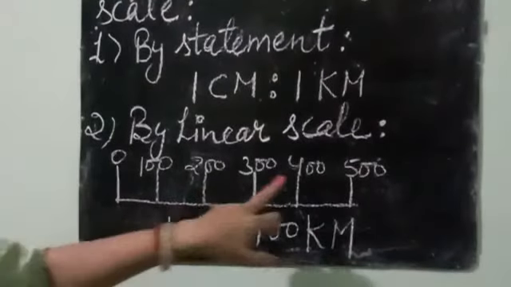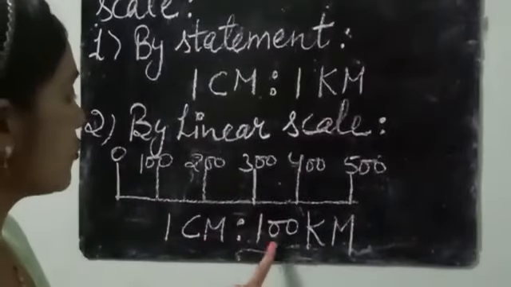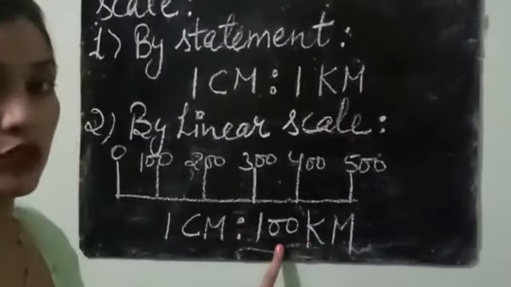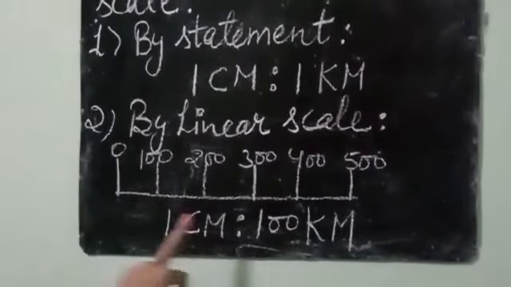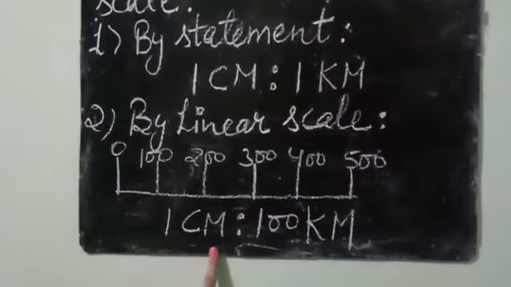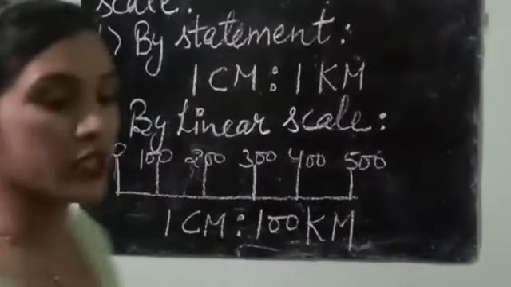The length of each part shows the same distance. Here 100 kilometer is the actual distance on the ground, and this distance is shown on the map by 1 centimeter. So using this linear scale, we can also represent the scale on the map.